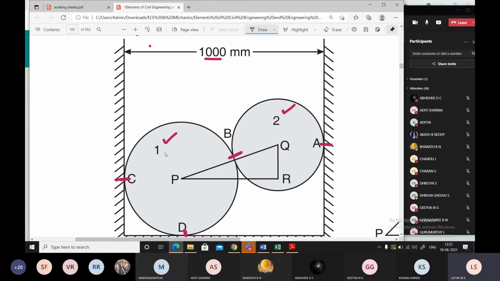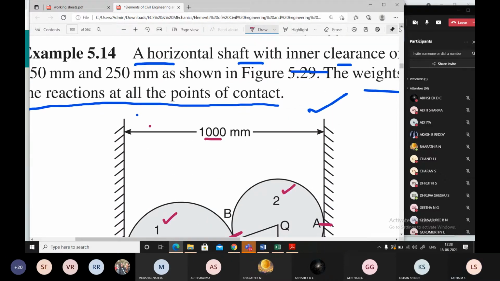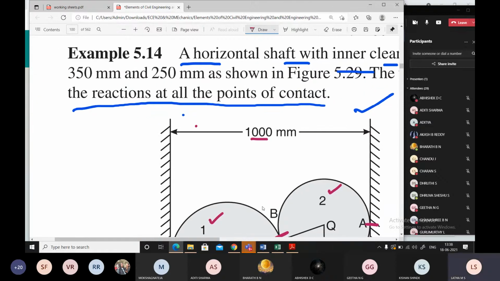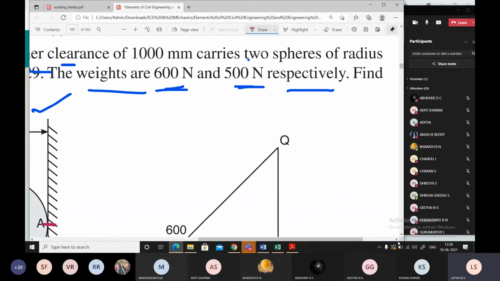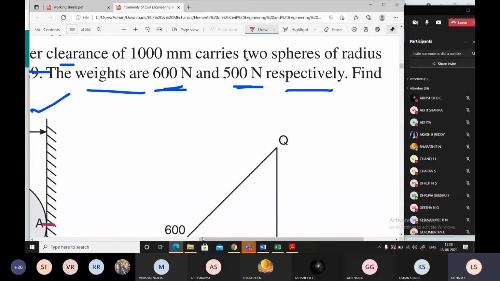What's the sphere diameter of 1, students? How much? 350 mm. Is 350 mm radius or diameter? Radius. Yes or no?